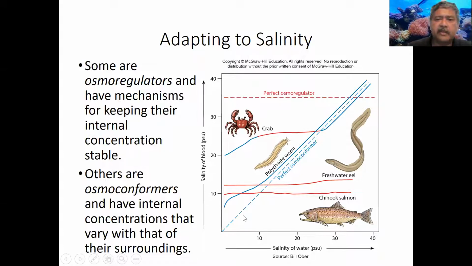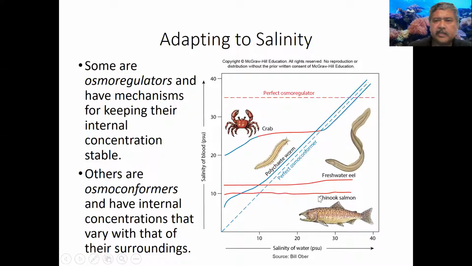That's an osmoregulator. Now, osmoconformers have internal concentrations that vary with that of their surroundings. And so these organisms are going to be found in certain parts of the estuary, depending on the salinity of that particular region.